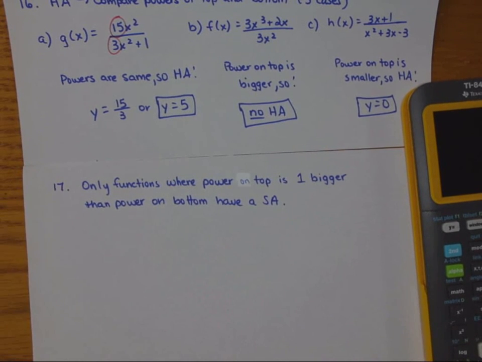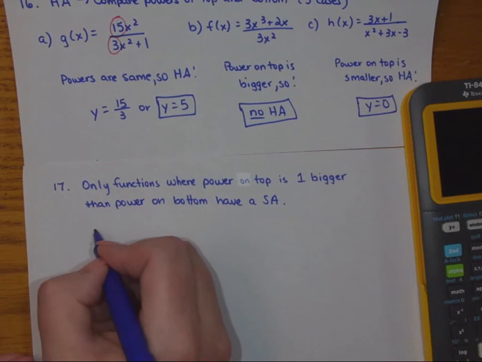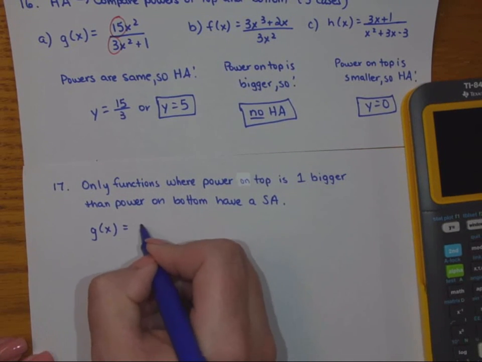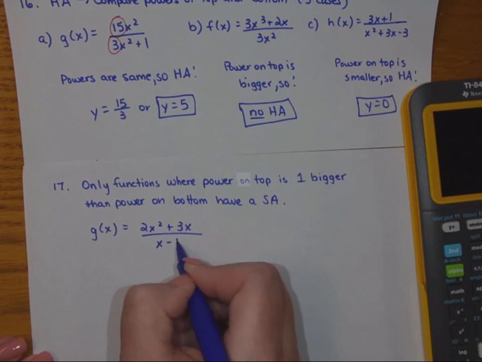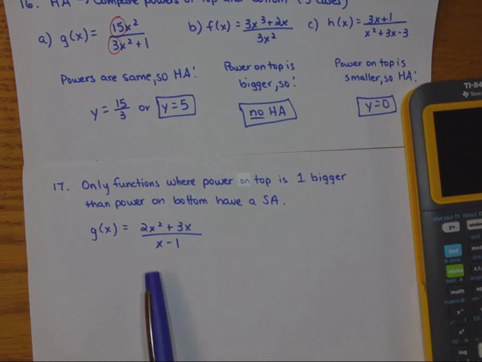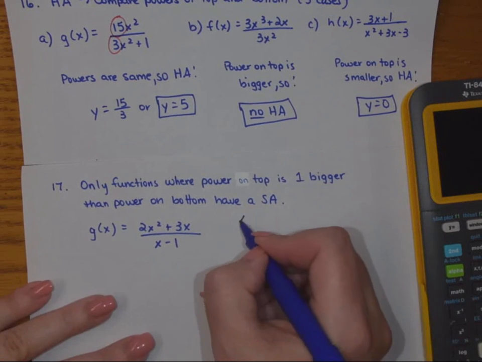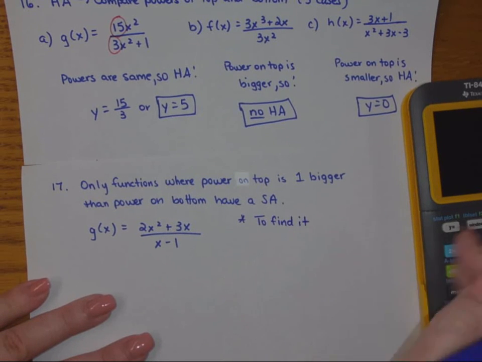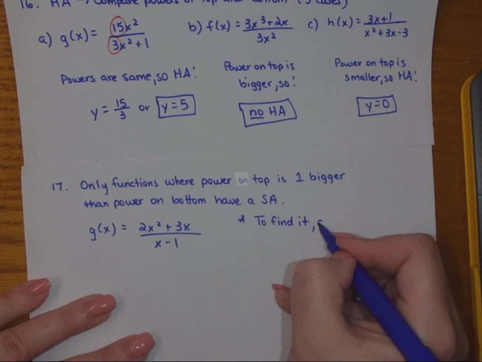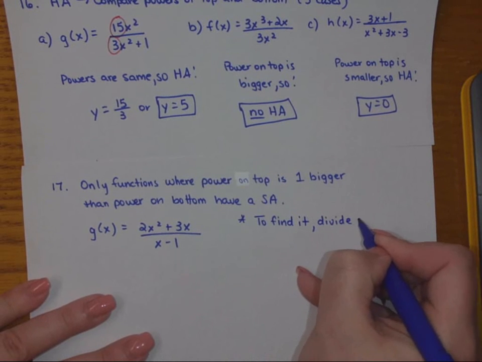By the way, if you have a slant asymptote, you won't have a horizontal asymptote at all. So when you look at the function for number 17, it's 2x squared plus 3x over x minus 1. So notice the power on top is 2 and the power on the bottom is 1, so it does have 1. And so then to find it, if you determine that it has 1, you just divide and ignore the remainder.